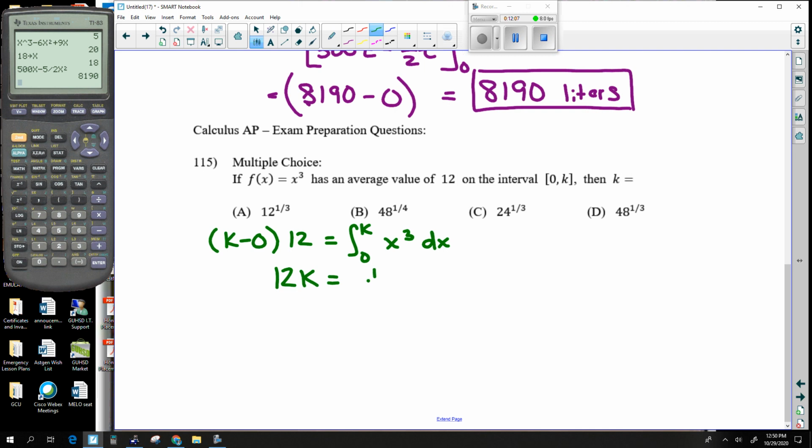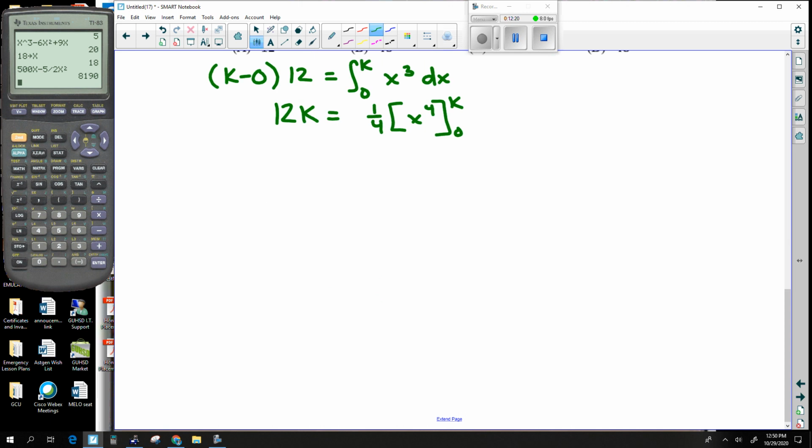All right, so this is 1/4 x to the fourth from 0 to k. So 12k is equal to 1/4 k to the fourth minus 0. I'll put minus 0 to make it look like I didn't have a problem. So this is 1/4 k to the fourth.